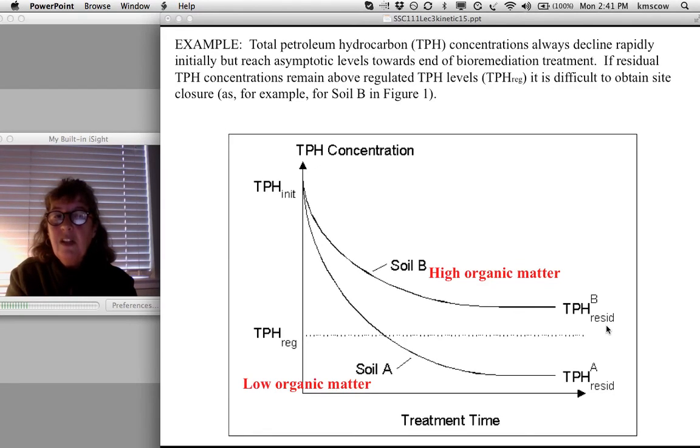And this happens quite a lot, and it brings up a lot of discussion by regulators that if it's so tied up in the organic matter and it's taking so long to degrade, does it really matter? Is it really there? If microbes can't get at it, is it going to be a problem for plants? Or is it going to be a problem for worms? Or is it going to even come off and flow down into groundwater?